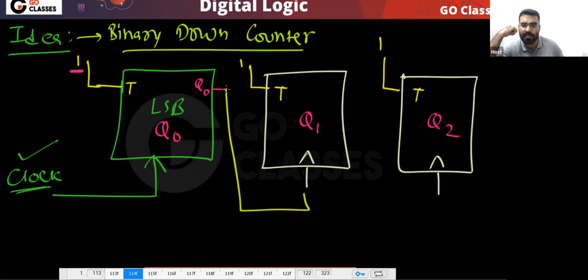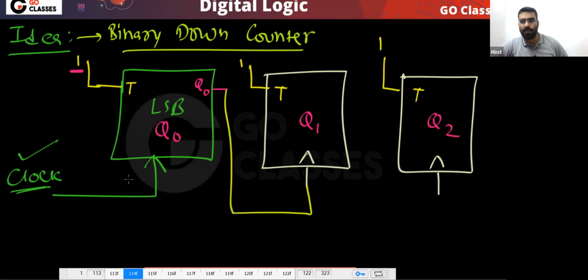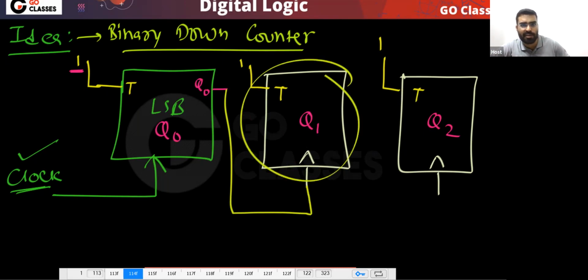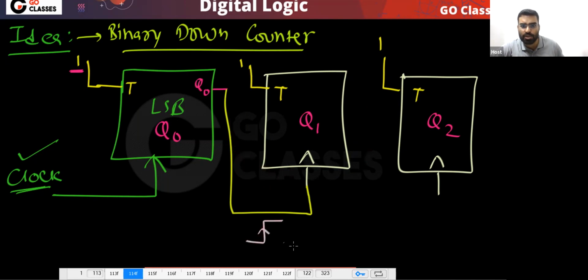So I can directly connect, because this flip-flop is positive edge triggered. Arnab, see what will happen now. So when Q0 is going from 0 to 1, it will change. Yes or no?